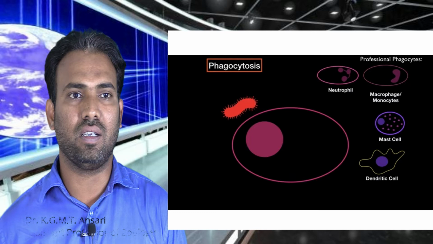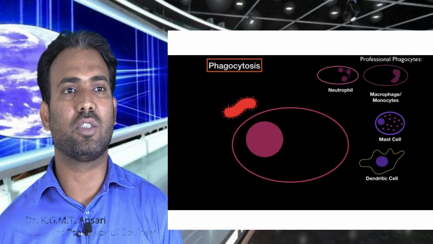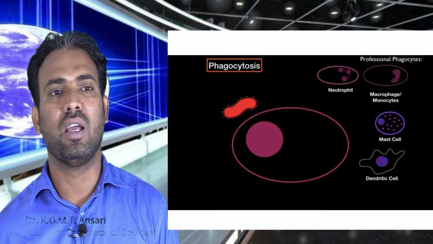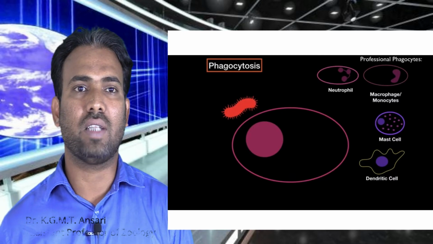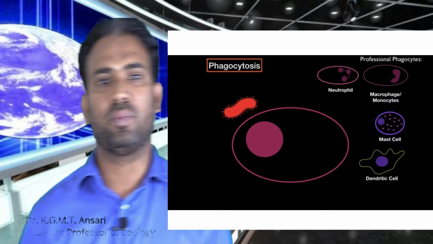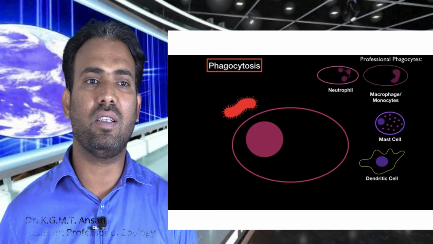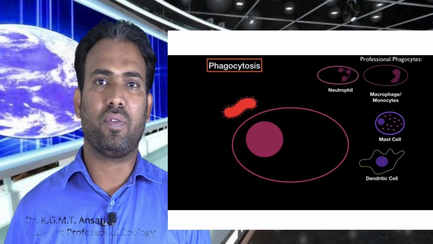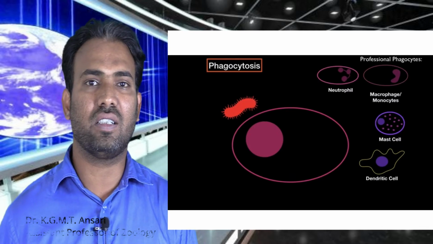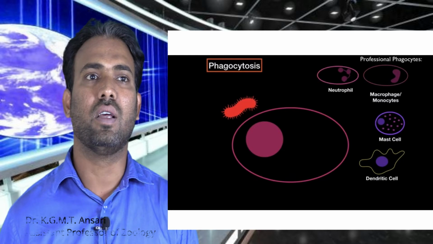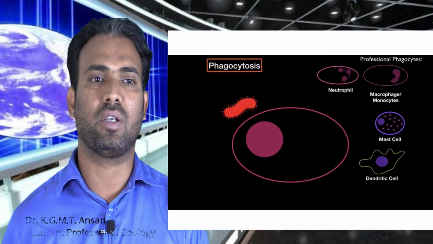How will a cell, particularly a macrophage, respond to that microorganism? For phagocytosis, the immune cells include neutrophils, macrophages, mast cells and dendritic cells. All these cells are known as professional phagocytes, because they are professional antigen presenting cells, actively working in the immune responses.